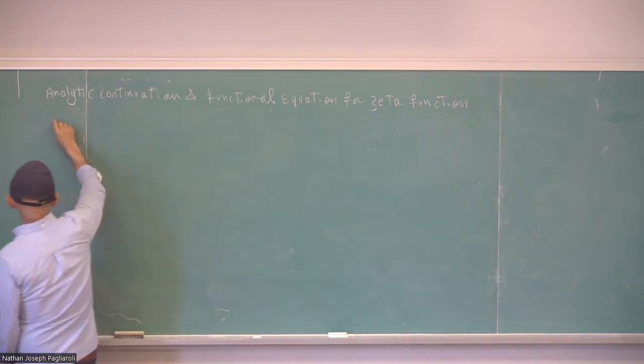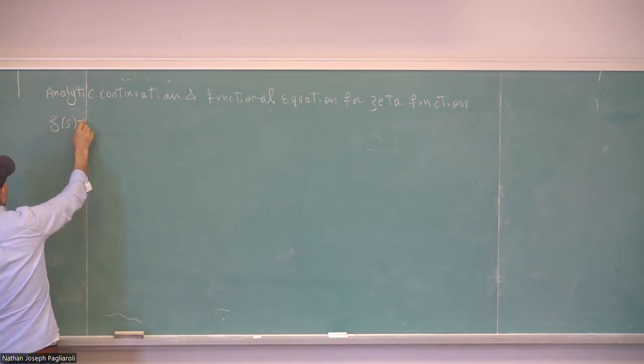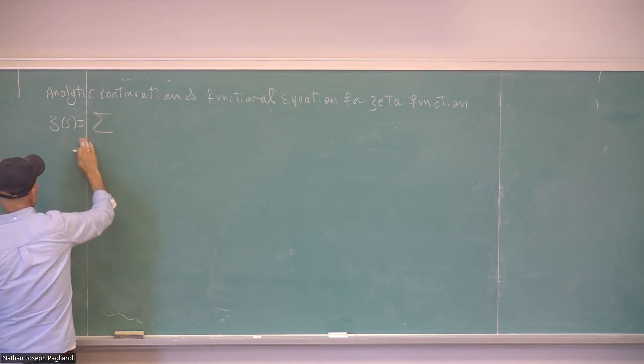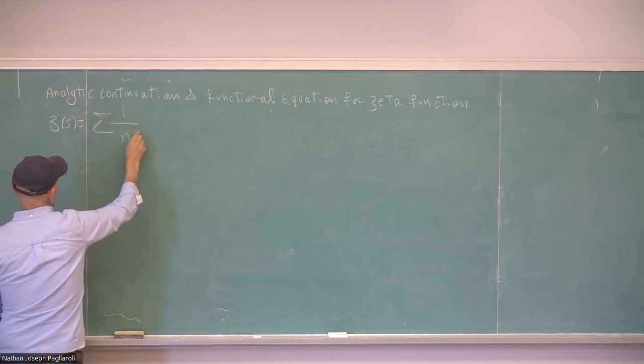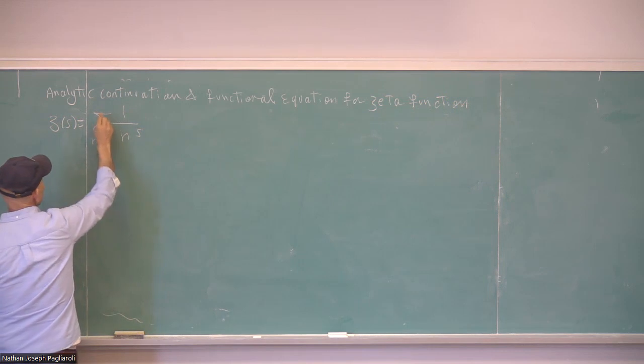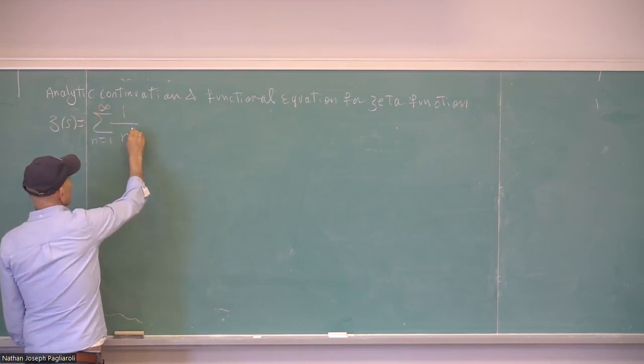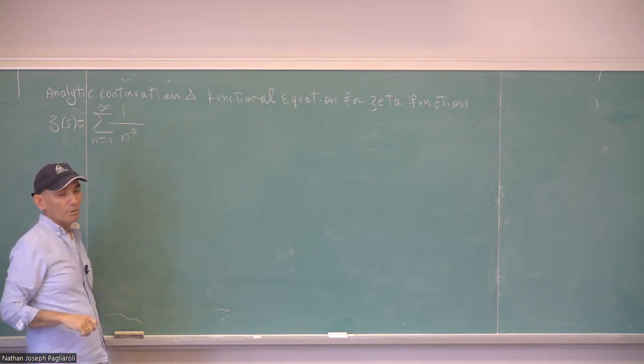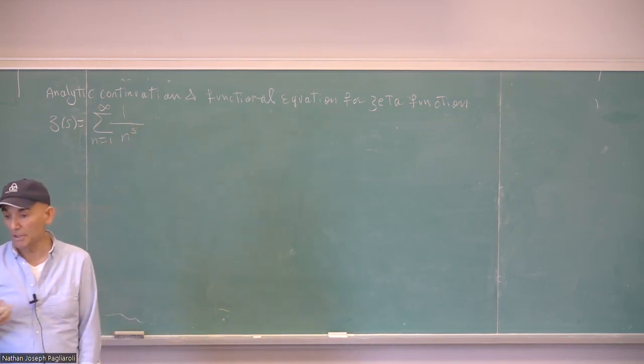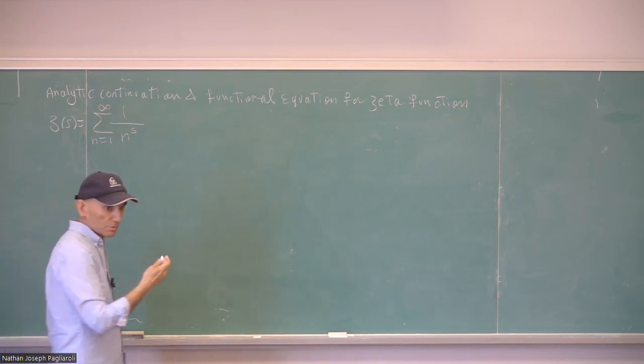So let's recall that we had the zeta function, zeta of s, the sum of 1 over n to the s, right? So immediately obvious, more or less, that this is holomorphic for real part of s bigger than 1. That's what we had.